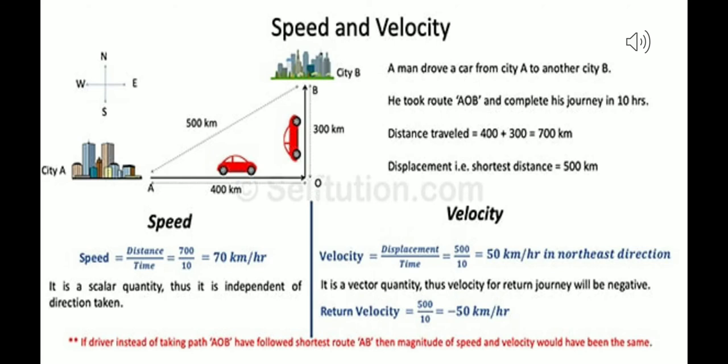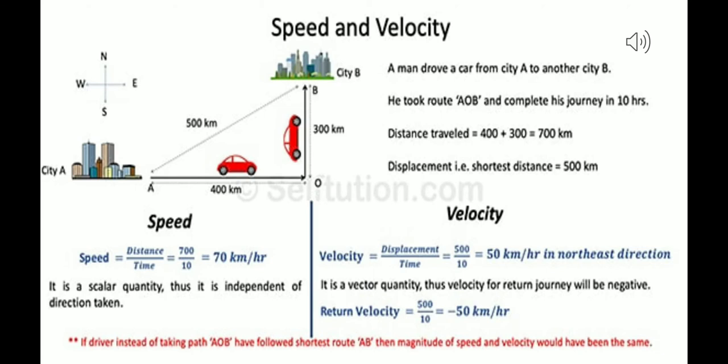Equal distance in equal intervals of time, then the body moves in uniform speed. And what is non-uniform speed? When a body moves unequal distances in equal intervals of time, that is non-uniform speed.